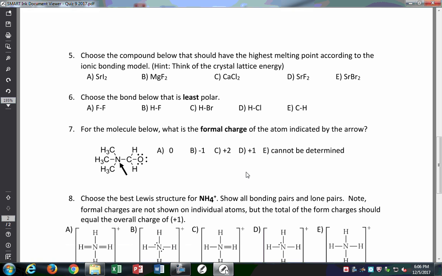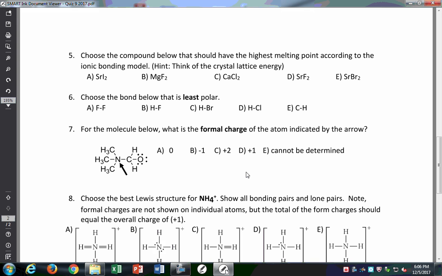Okay, so for this one, you have to know a little bit about lattice energy and then a little bit about melting point. So the more stable the crystal, the harder it's going to be to break that up to allow it to melt to get into the liquid phase. Because remember, ionic compounds are typically solids at room temperature. So what this is essentially asking is, which has the largest lattice energy?